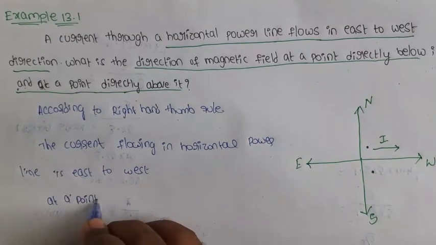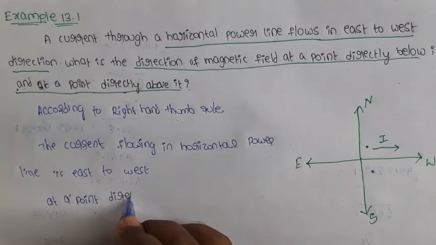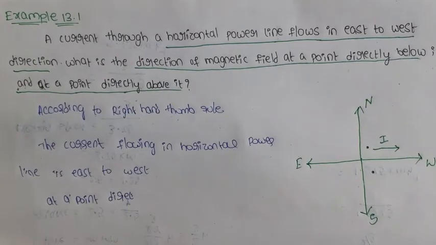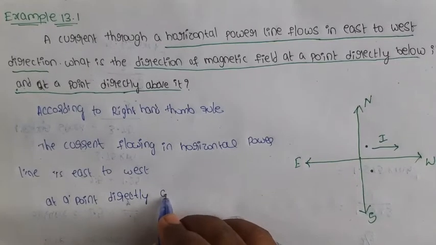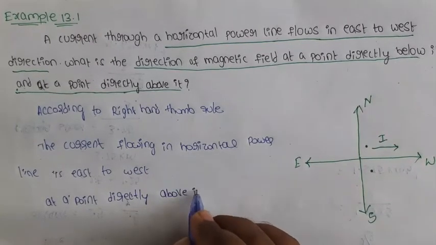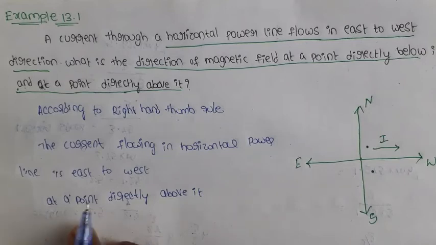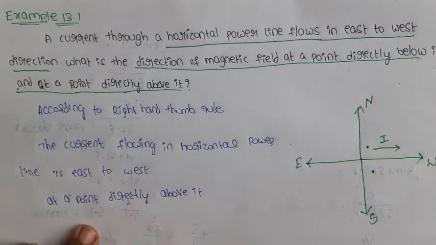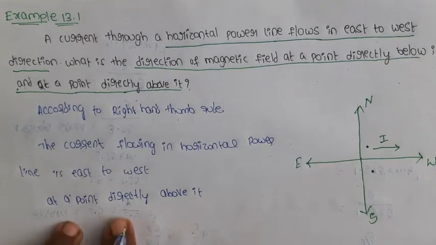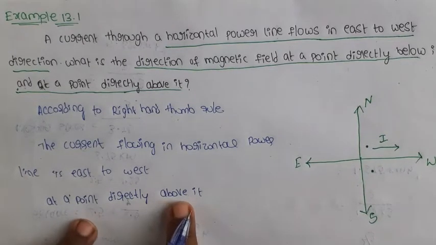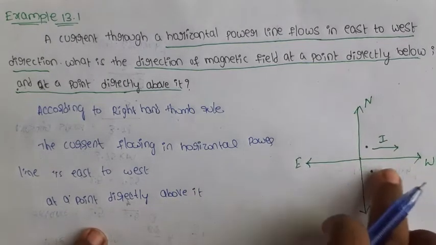at a point directly above it, what is the direction of the magnetic field? Here the point is above the horizontal power line.